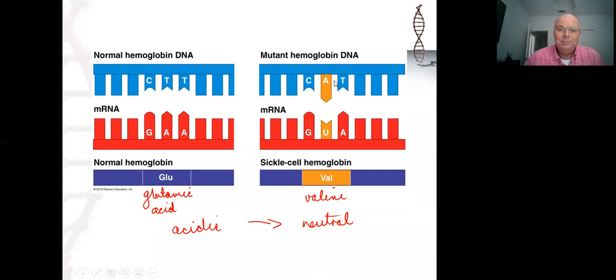So if the mutation had been here, it might have had zero change. And we would call that a silent mutation. Is it a mutation? Yes, because it's a change in the nucleotide sequence. But it's silent because it wouldn't lead to any change in the amino acid sequence in the polypeptide. You'll see what I mean in a moment.